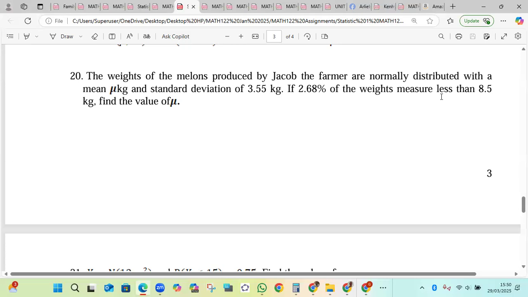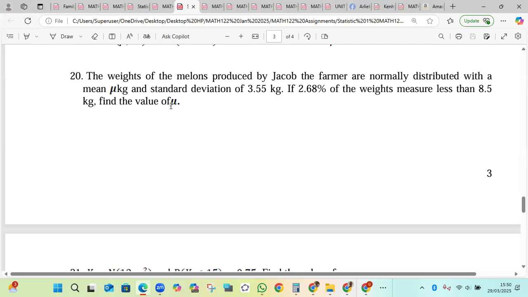Below 8.5 kilograms, you have 0.0268. So 8.5 must be on the left side of mu for there to be a left tail.